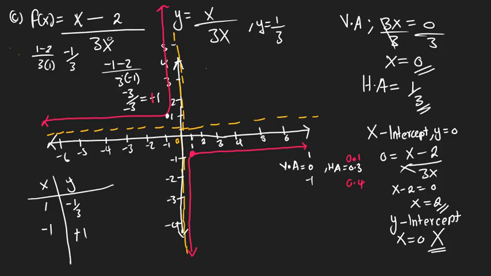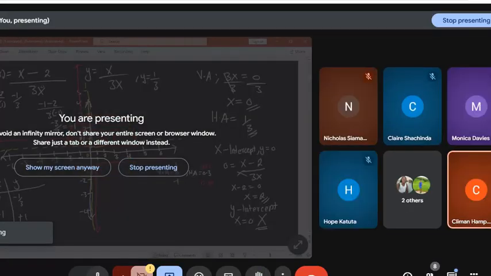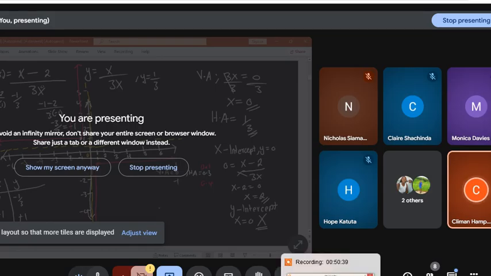Guys, have you seen how the graph is beautifully coming out? Just one point. Just one beautiful point. And I'm able to know where my graph is going to be.